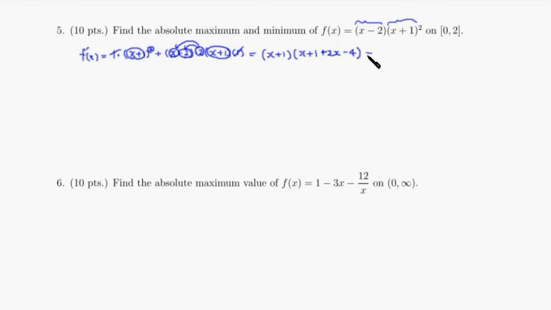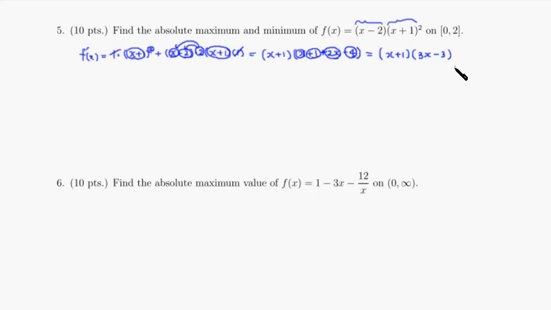So clean that up, so we get x plus 1 times... When you combine x and 2x, we get 3x, and a positive 1 and a negative 4 combined is negative 3.